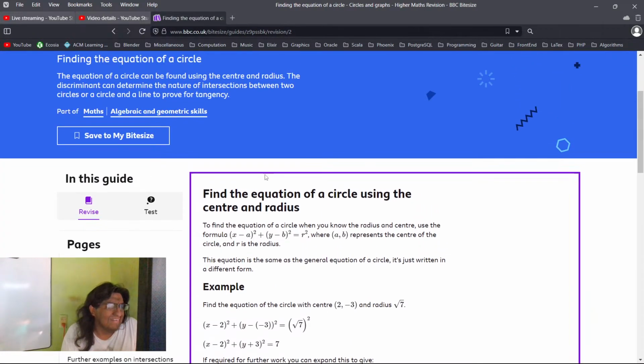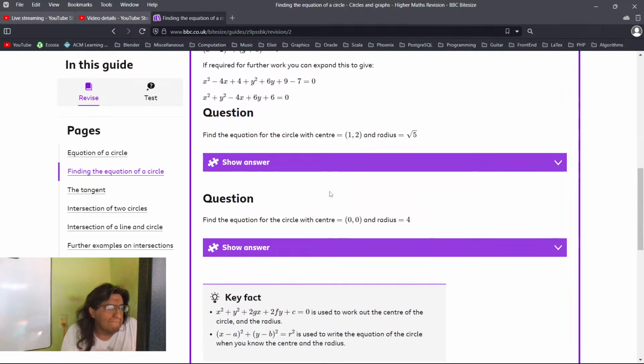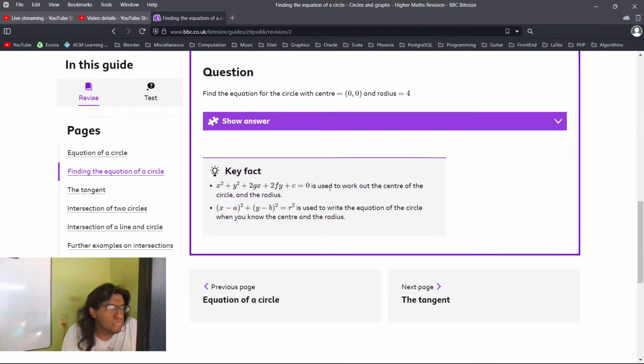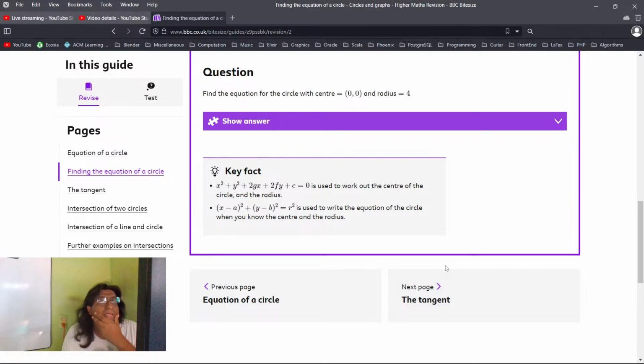We already used the internet for the equation of a circle. Let's be here 10 minutes more and then I should finish the stream.